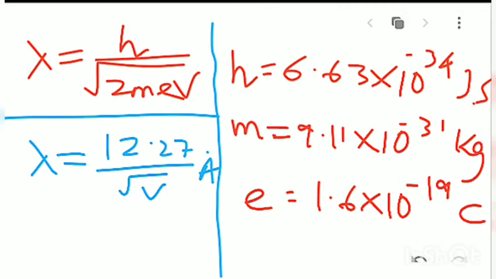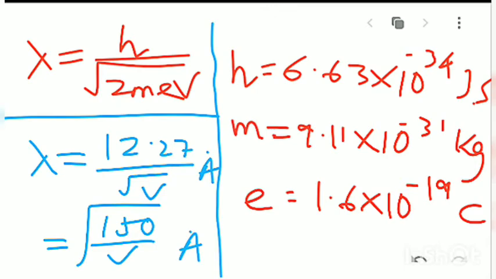Or together we can also write root 150 by phi, just squaring it inside, in angstrom. So this is also an important formula for us while solving numericals on the wavelength of electrons. Only these formulas are required, nothing else. Using these formulas we can solve a lot of numericals, so please note them down in your copies.